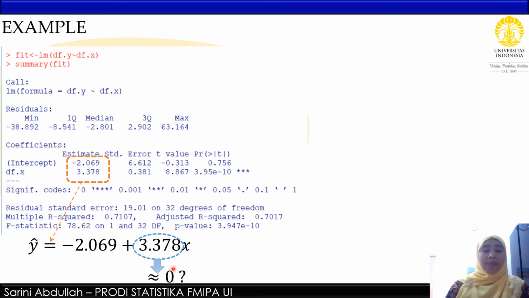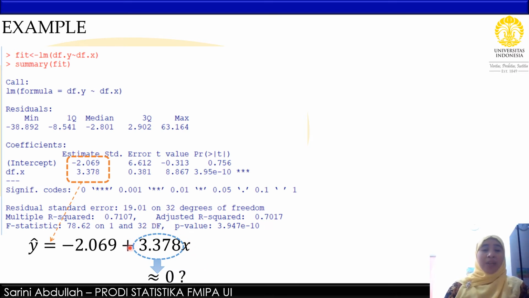So then the question is that we want to know whether this line really represents the contribution of x in explaining y. And then based on the concept that we learned in the previous video, it means that we need to test whether beta 1 equals 0 or not, significantly different from 0, statistically or not.